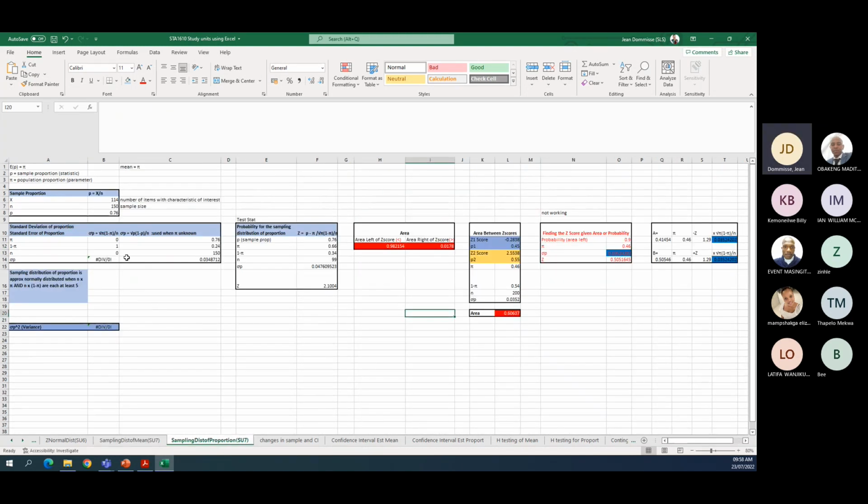The same applies if we have the information on the proportions. You just put in the information.